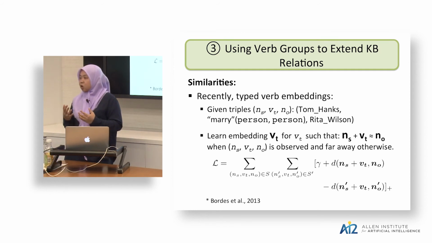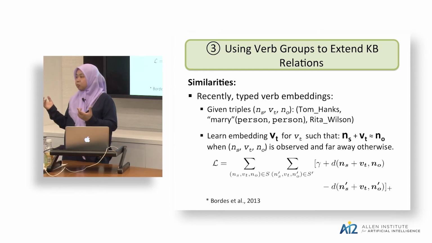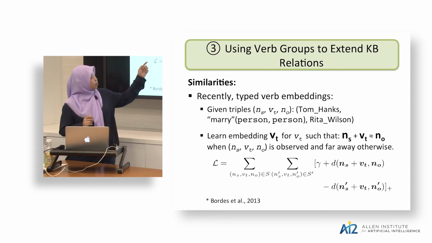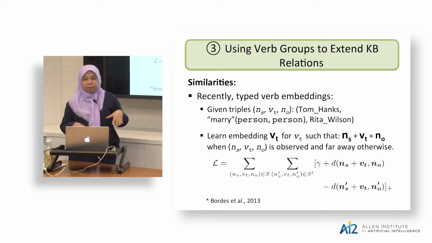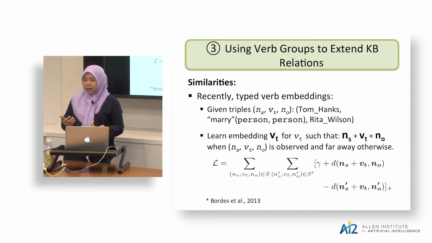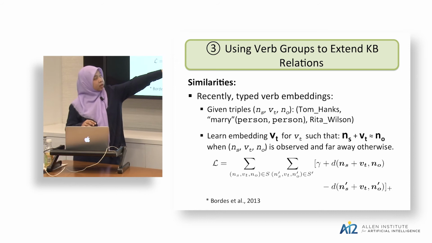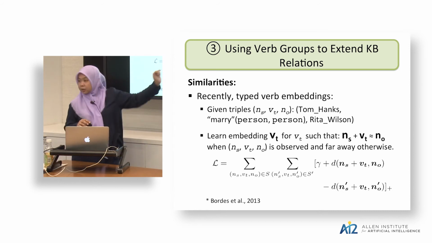measuring similarities based on the embeddings of these typed verbs. So we try to learn the embeddings of the typed verbs, taking into account both the distributional similarity as well as the type of the verbs. The idea is, given triples such as this, the noun phrase subject, the noun phrase object, and the typed verb, we learn the embedding of the typed verb by framing it as a translation that operates over the lower dimensional embeddings of the subject noun and the object noun.